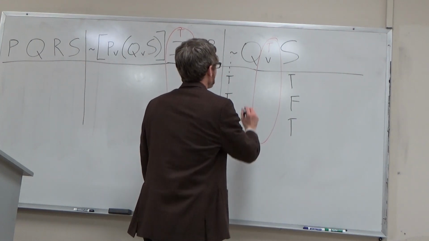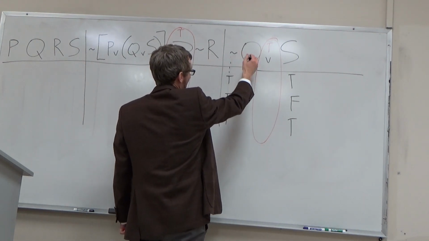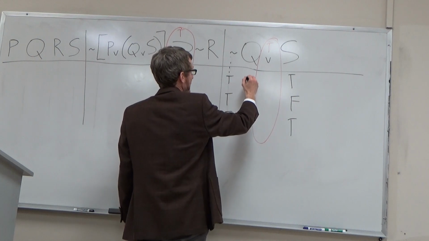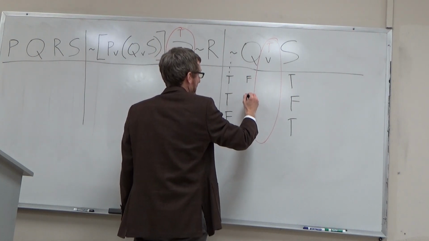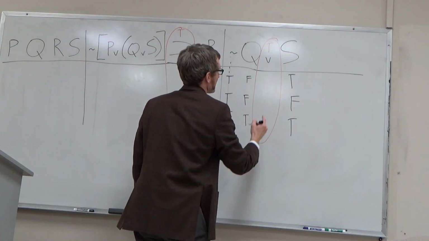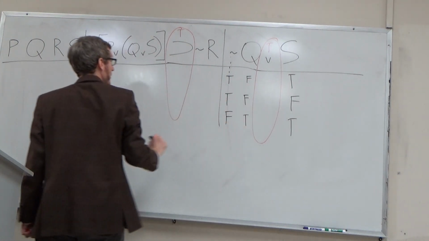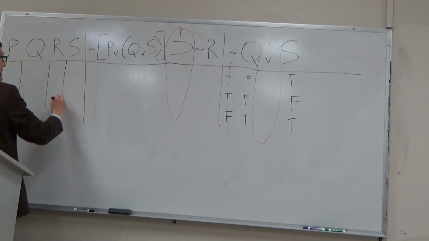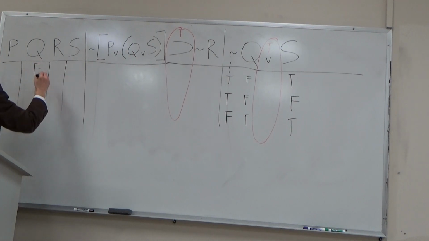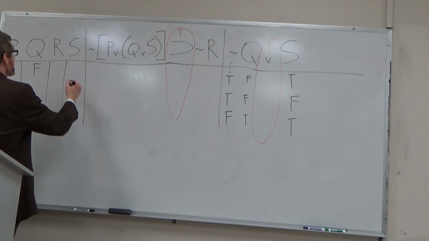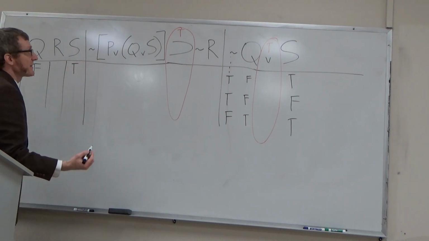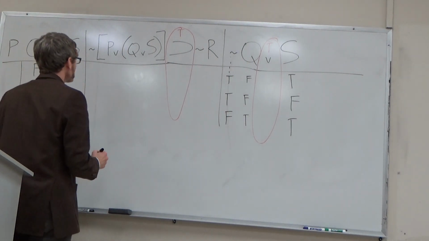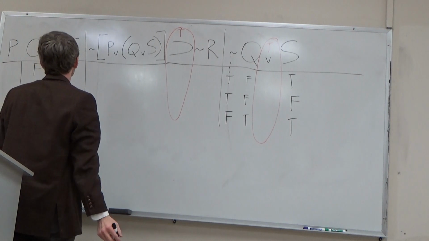Now, if this is what not Q is, then Q itself is going to be false, false, true. So let me plug in these values. On line one, we've got Q is false and S is true. And let's plug that in now to this statement and see what happens.